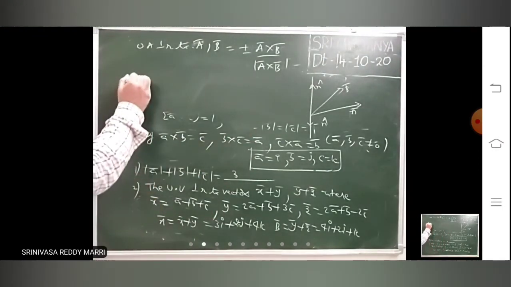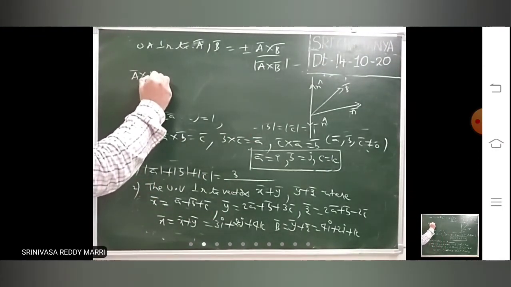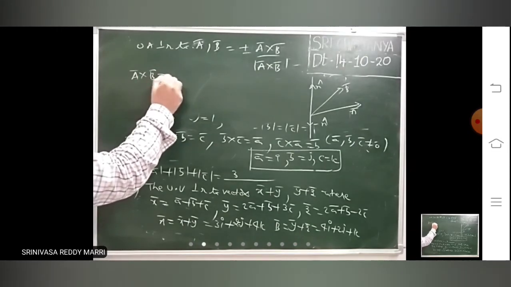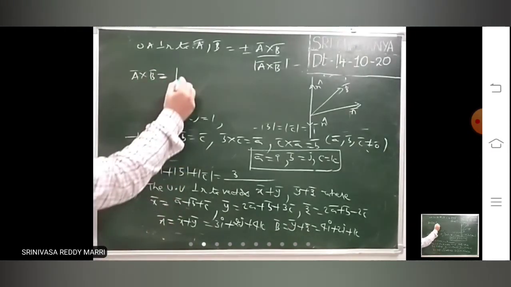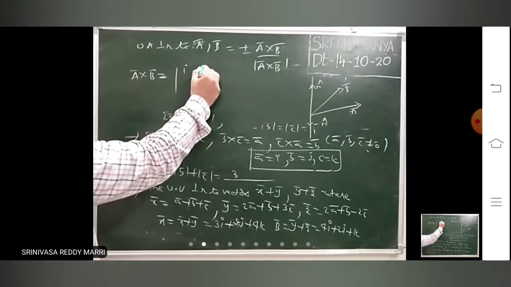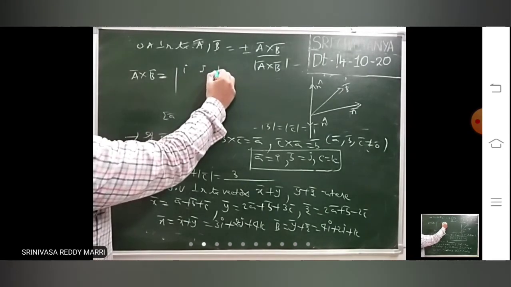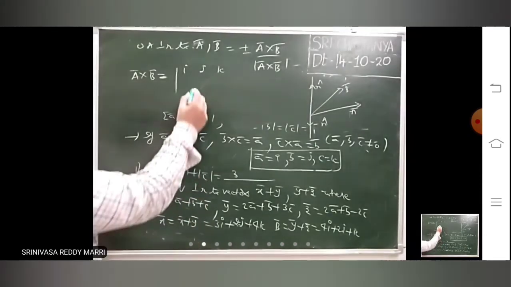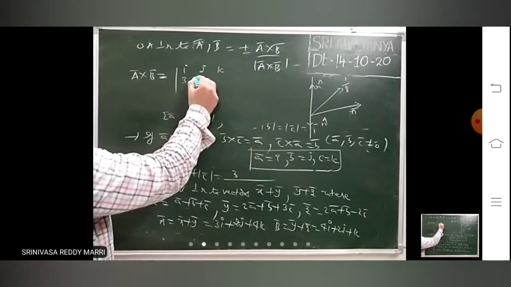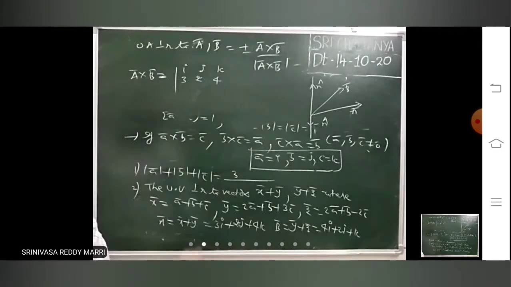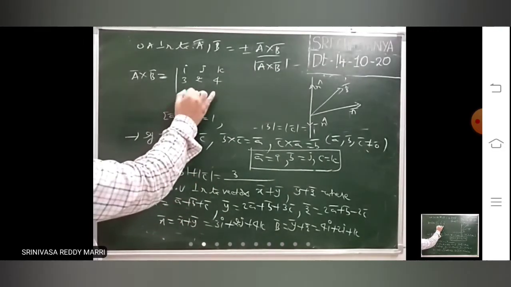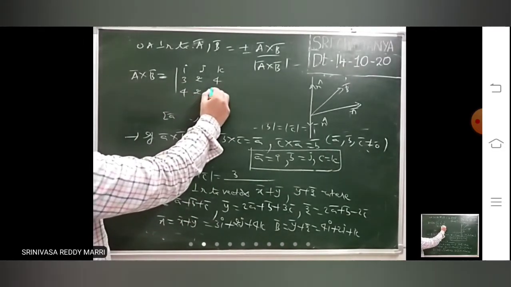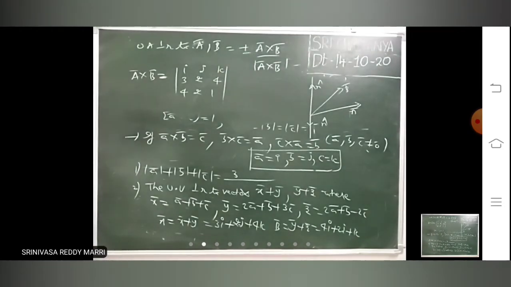So A bar cross B bar, let us calculate. A bar cross B bar means cross product vector. I, J, K; 3, 2, 4; 4, 2, 1.